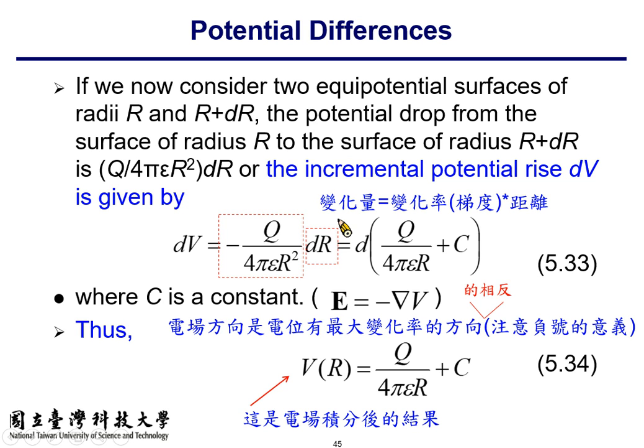So we use the expression of the electric field intensity directly, because we know this equals the minus of the gradient of V. We put it here. The distance between the two spheres is dr. And this can be identified as the derivative of this. This is r squared, this is r.